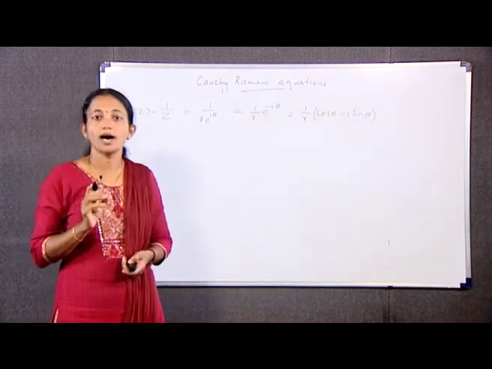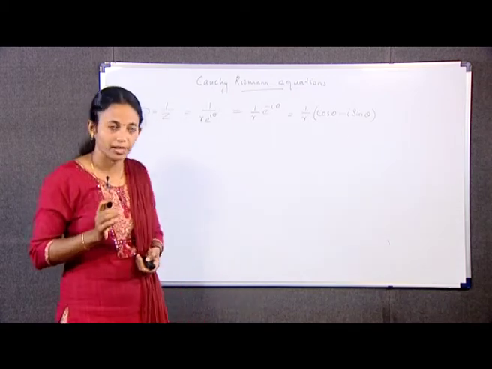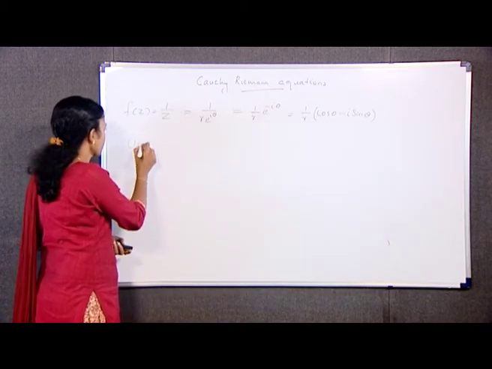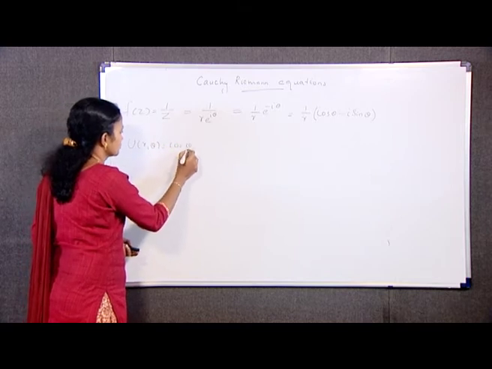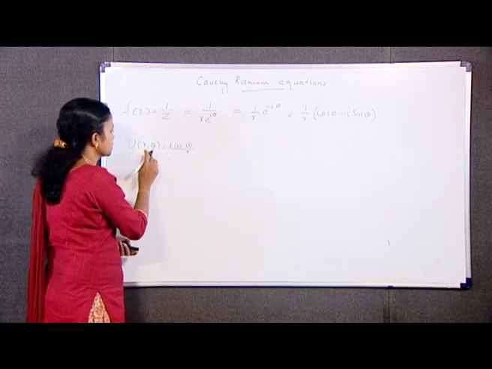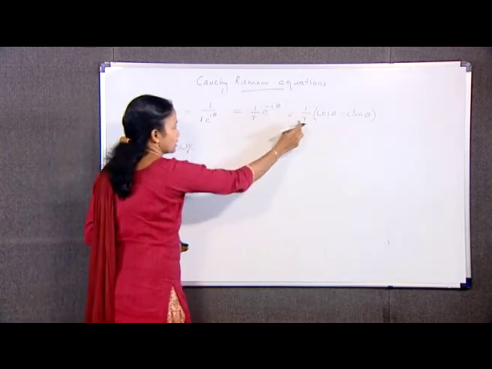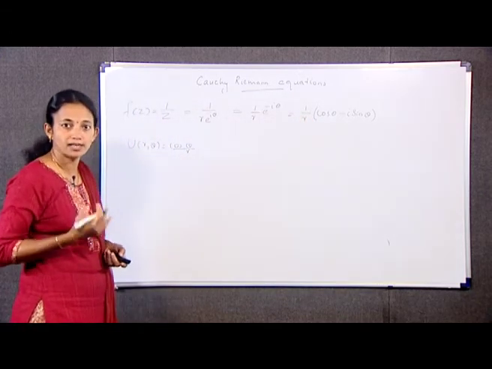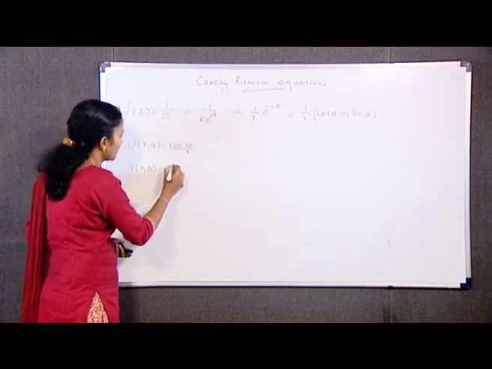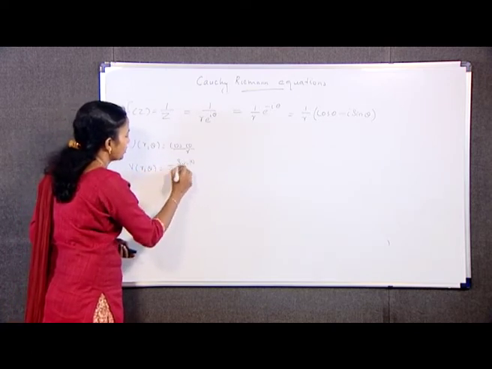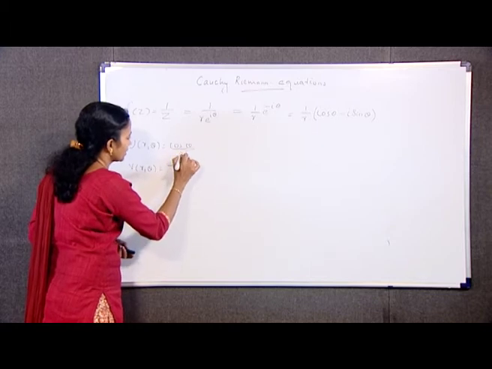Hence, u r theta is equal to cos theta by r, that is, u r theta is cos theta by r and v r theta is minus sin theta by r. This is whole divided by r.